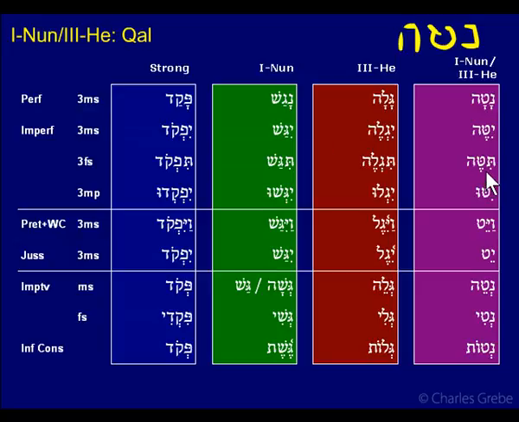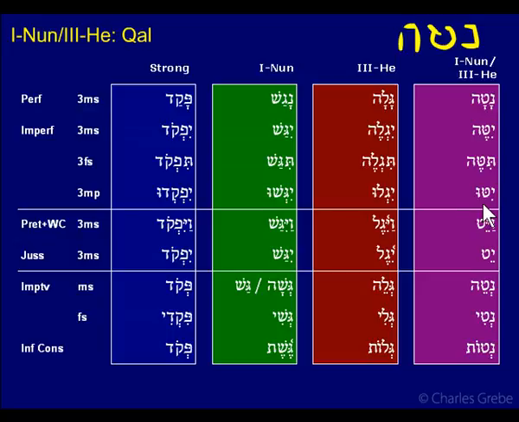And likewise here, again, we see the prefix hireq, just like all the rest here. We see the assimilated nun as a dagesh, and we see segol hey, just like the third heys. Now down here, this is the vocalic form, or one of the vocalic forms. And for third heys, when you have vocalic forms, this is rule number 2, you drop the hey, right?